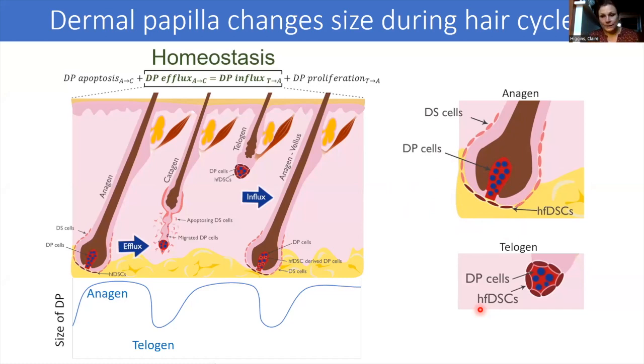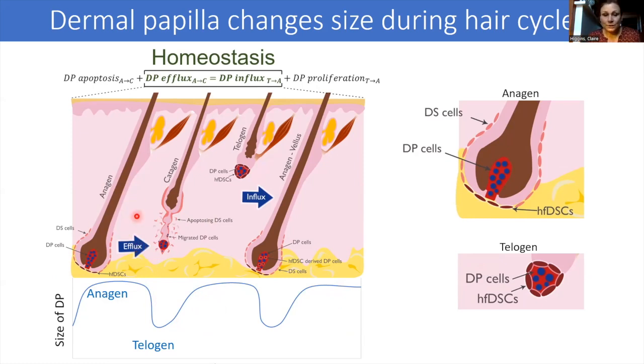It's surrounded on its outer core by dermal sheath stem cells, and it contains about half the number of cells that we see in the anagen dermal papilla. And as the follicle cycles, we go through these continuous fluctuations in the size and shape of the dermal papilla as it goes from anagen to telogen and so on throughout the life of the follicle.